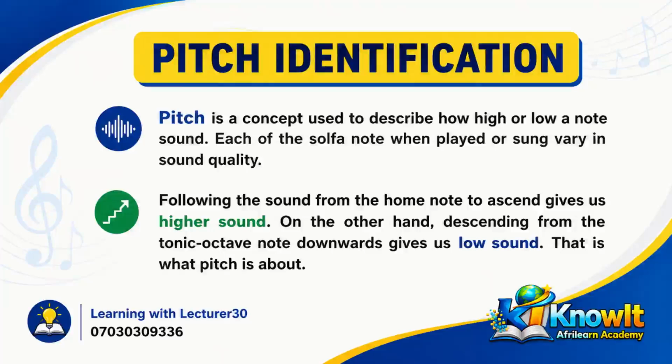So following the sound from the home note to ascend gives us a higher sound. On the other hand, if you are descending from the note on the top, the tonic octave, downward, you'll be getting low pitch sound. That is what pitch is about.